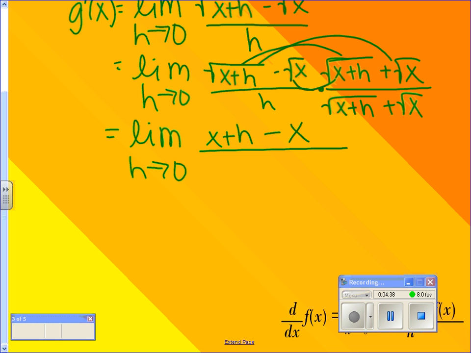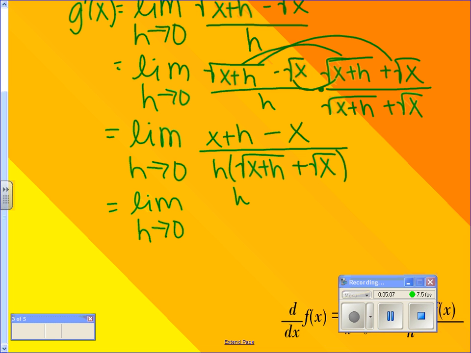And then, you agree. What's going to be in my denominator? And there's a reason that we're keeping the h separate. We didn't want to distribute it out. Anybody see why? These two x's will cancel. We're just going to have h in our numerator. Does that make sense?